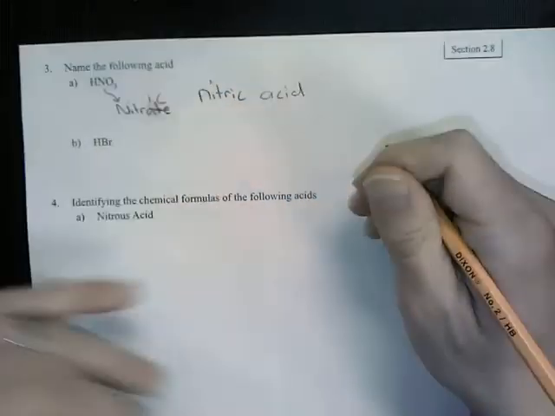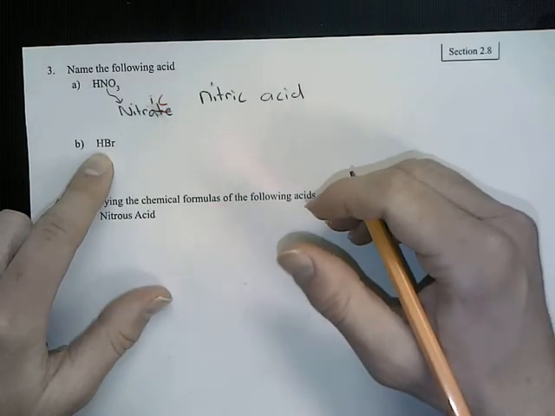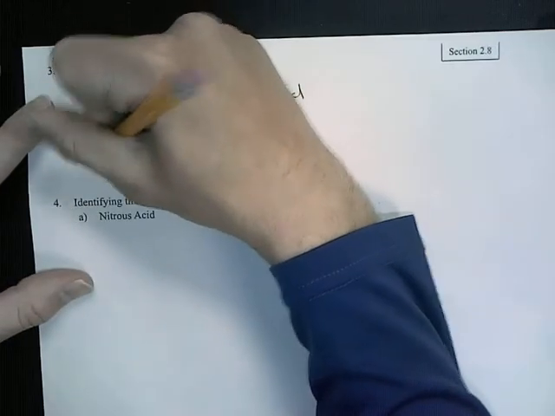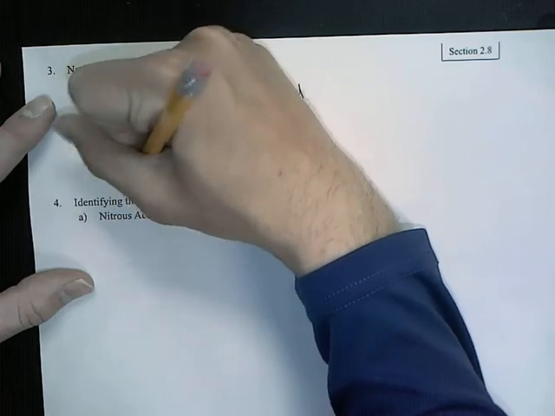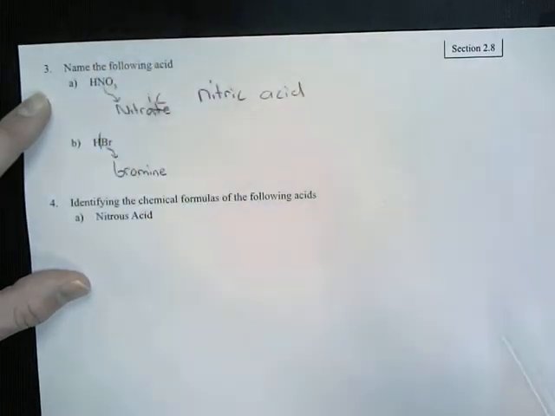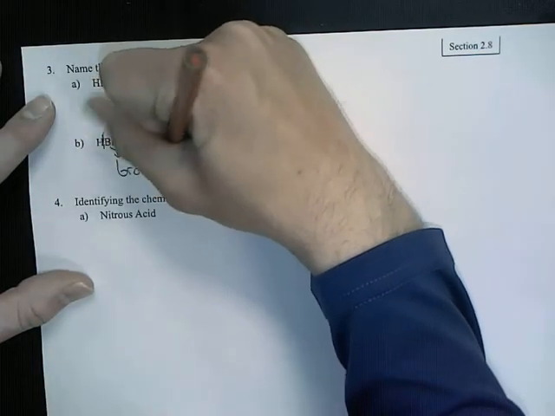All right, so now this down here, HBr, is not polyatomic. This means that we write down the name of Br, which is bromine. If it's in a compound, it would be bromide.